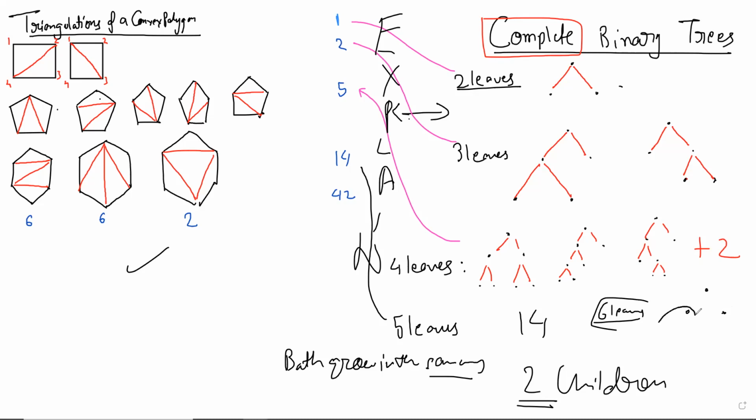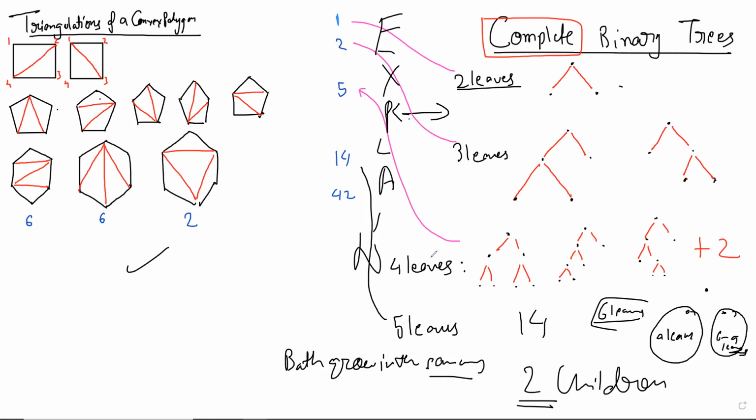Then the left child will be a tree with some A leaves, and this will be a tree with 6 minus A leaves, right? The A could be 1 also, or the A could be 5 also.